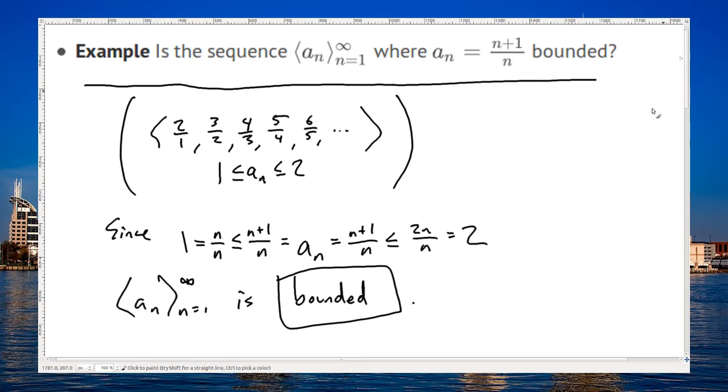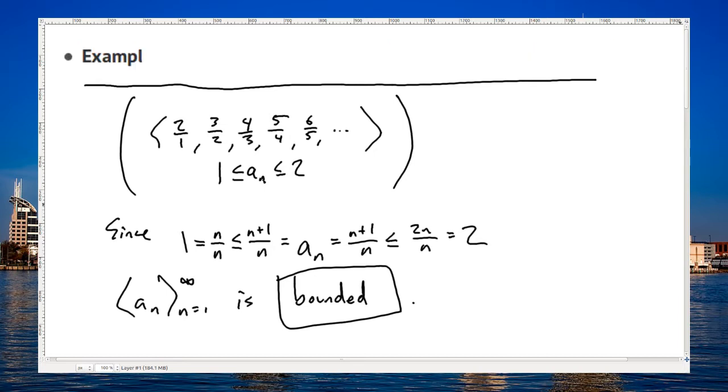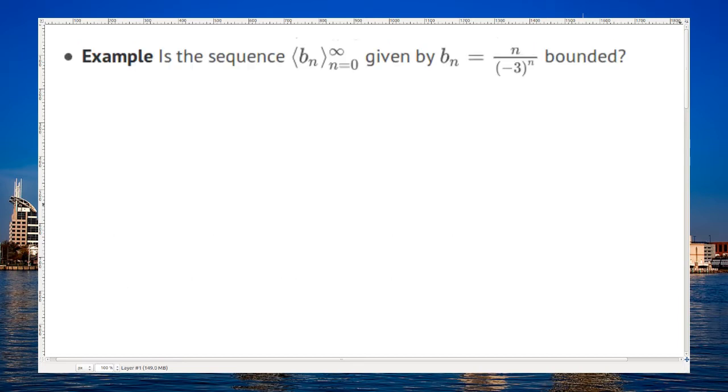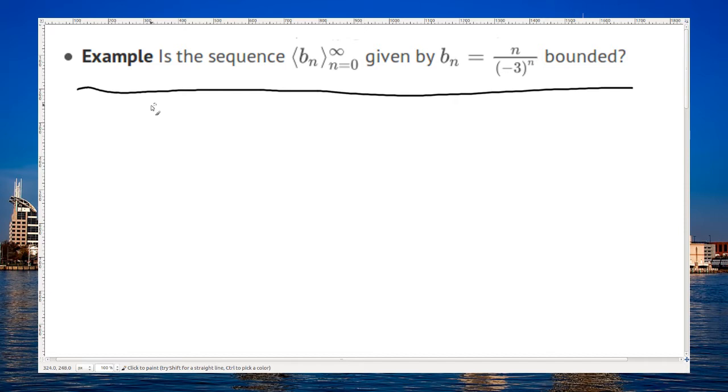Okay, take a look at another. So, is this going to be bounded? And again, I think it would help us to start by writing out the first few terms.